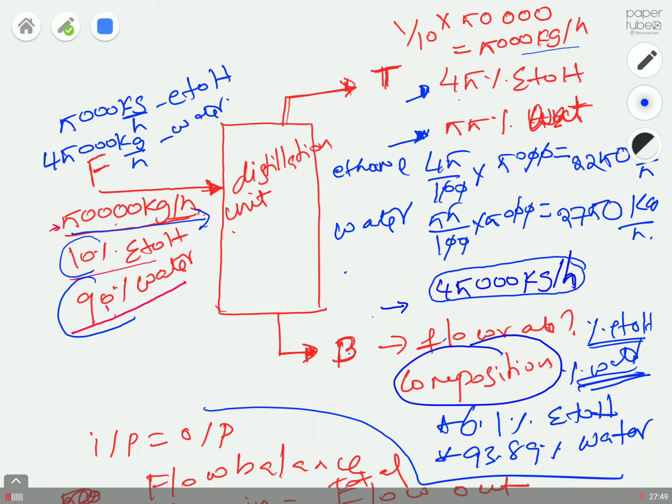If your input stream is 10 kg per hour, 10 percent of that is ethanol, which means 1 kg per hour, and the remaining 9 kg per hour of that stream is water. These are the things that should come into mind, and you should be bold enough to solve the problem. I will stop the recording now. Thank you. Thanks for listening.